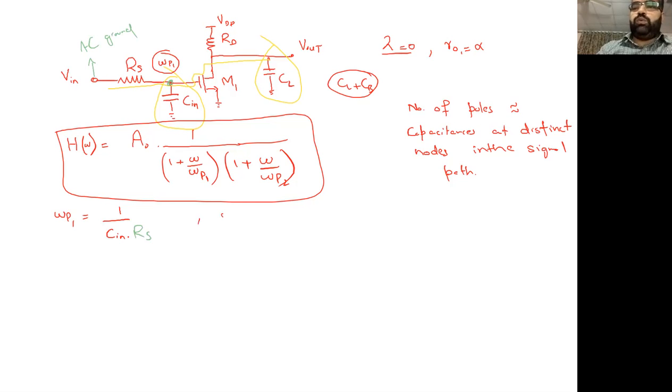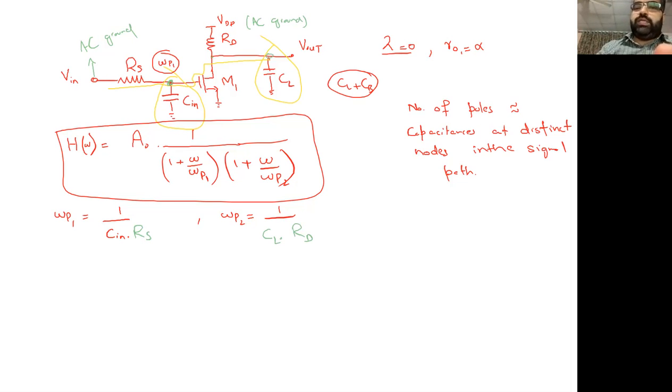Similarly, omega P2 क्या होगी? 1 over, this is a node point, CL times, what is this resistance? RD, and this is again an AC ground in a small signal. Times RD जो हम लोगों ने अभी देखी थी. तो omega P2 is 1 over CL times RD, since lambda is 0, R01 is infinite.